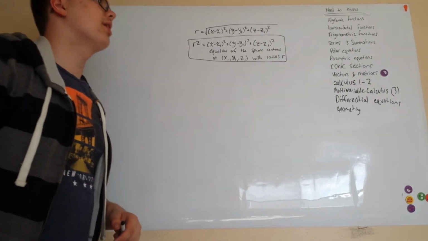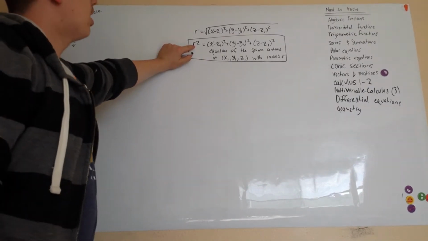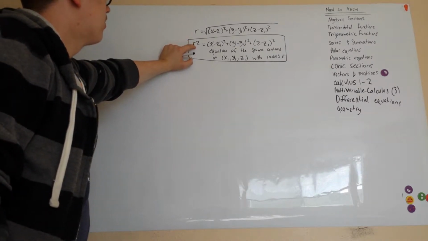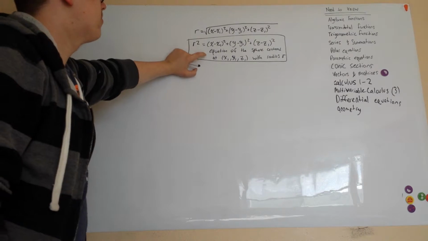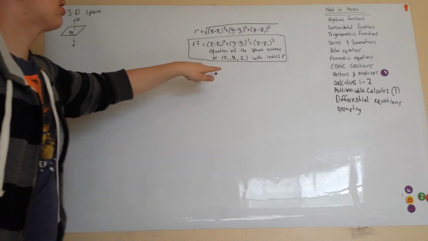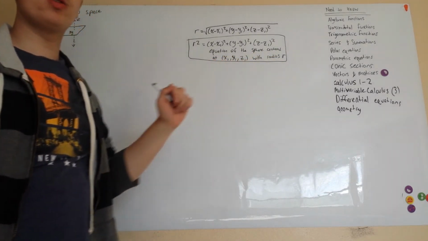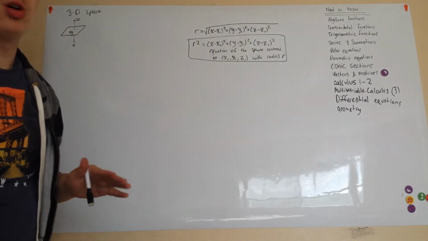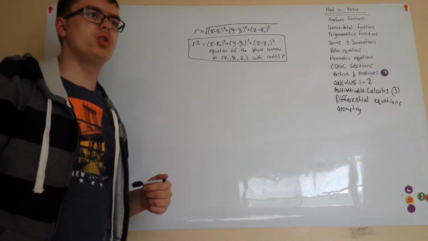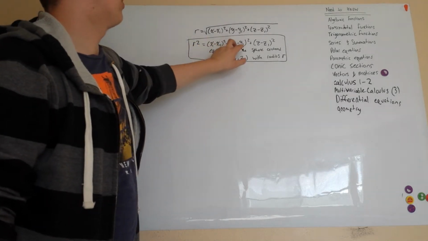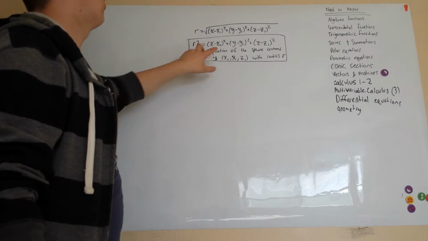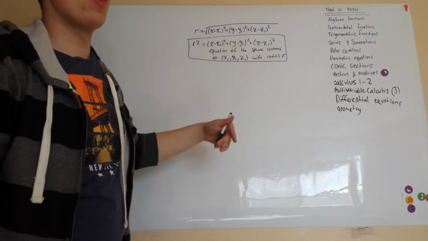Now, before I give you that, in some problems it will tell you, based on the equation, to find the center and the radius of your sphere, and this will all be expanded and just gibberish. Your whole job is to complete the square of all your x's and y's and z's, and then that will give you the squares.